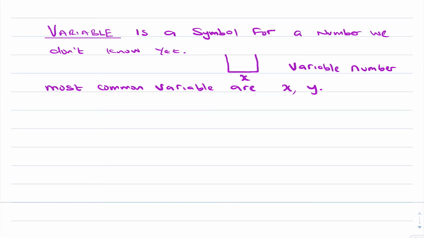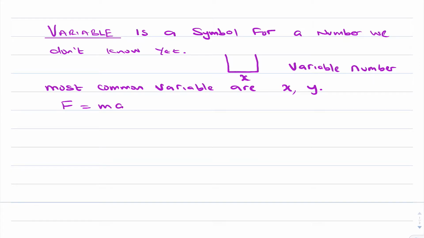Some variables you may have seen are like F equals MA. F is a variable. M is another variable, but in that case, M could be a fixed number, so it's a kind of constant. But A will be a variable.